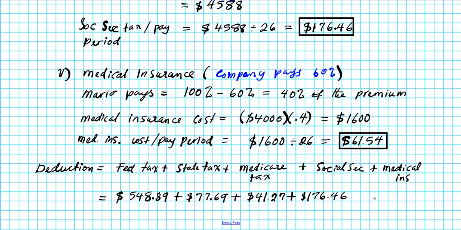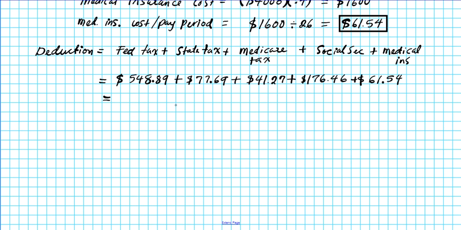And finally, her medical insurance is $61.54. So what we're going to do is sum all these figures together with our calculators. If you do that, you will get her total deduction per pay period, every paycheck, of $905.85. So this is the amount that gets deducted from her gross pay per pay period.